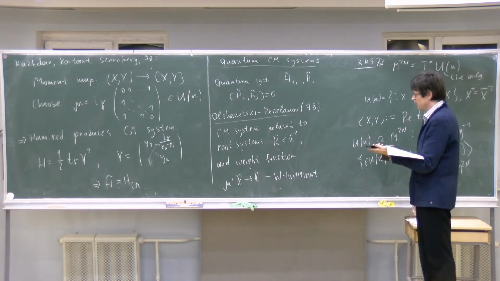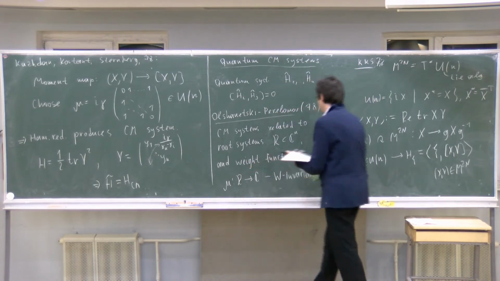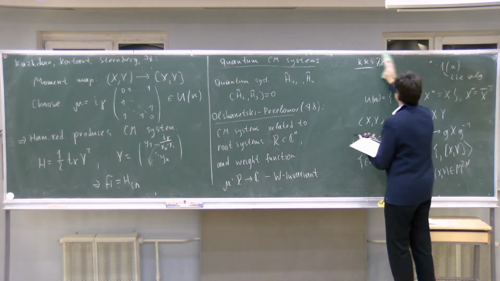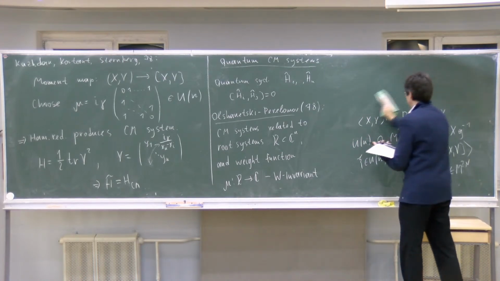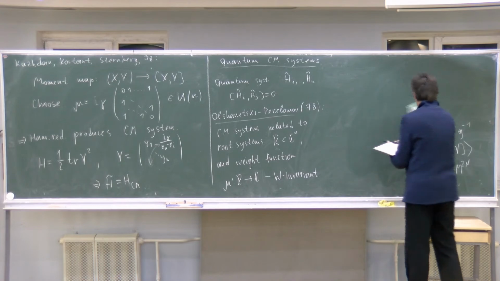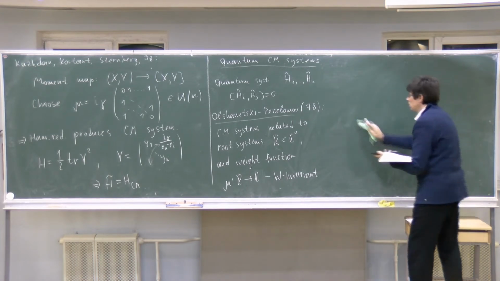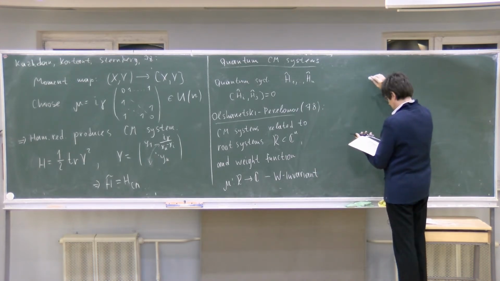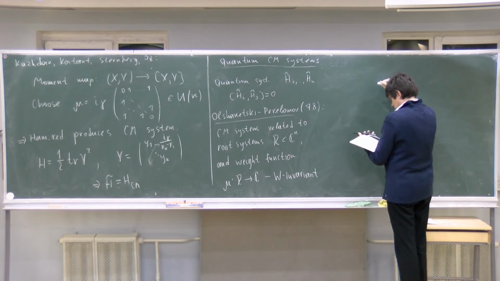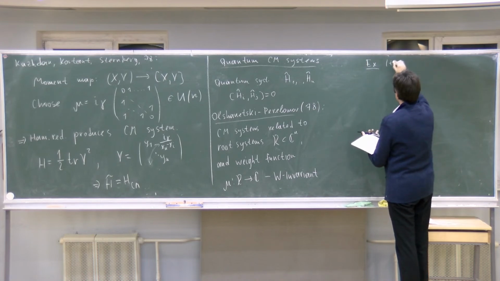Okay. And now this quantum Calogero system is related to a root system and to a weight function which is invariant under the Weyl group. Let me give an example, the so-called trigonometric case.